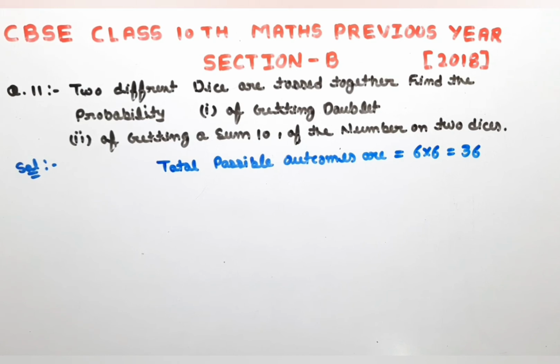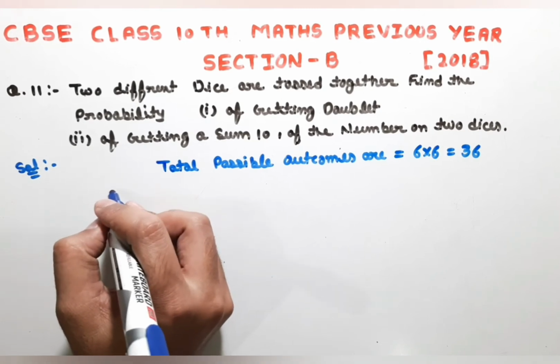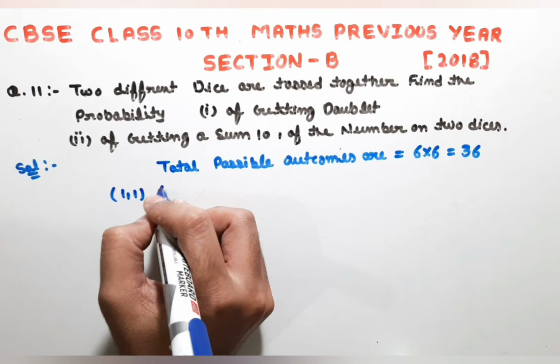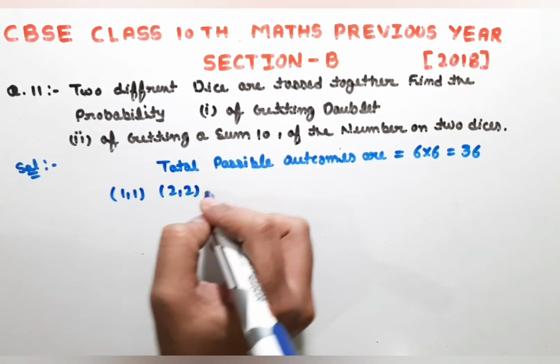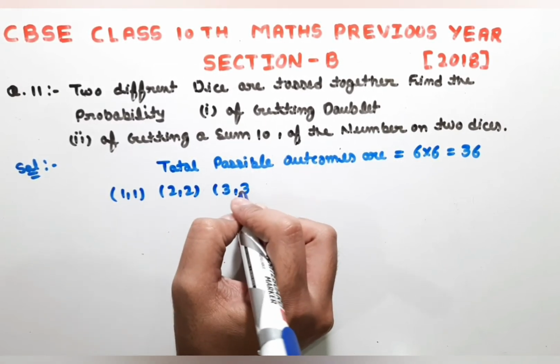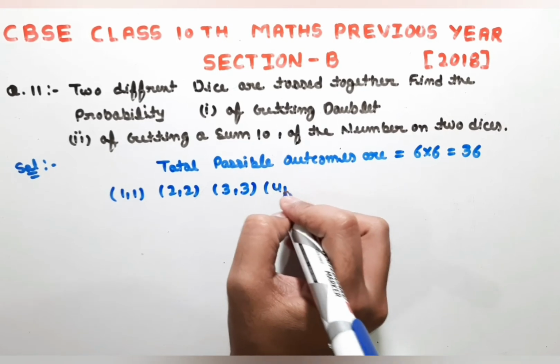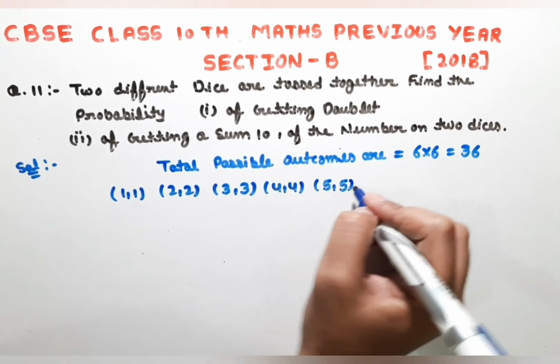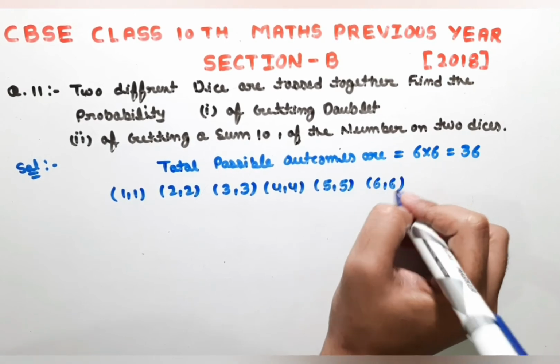Firstly, we have to find the probability of getting a doublet. When two dice are tossed together, then a doublet can be 1, 1, 2, 2, 3, 3, 4, 4, 5, 5, and 6, 6.